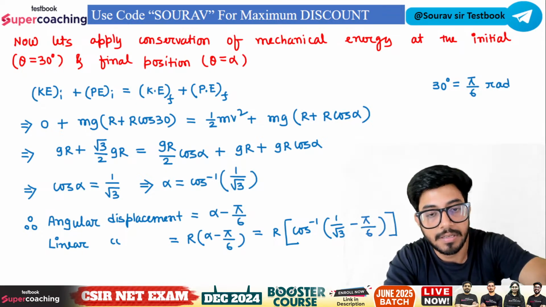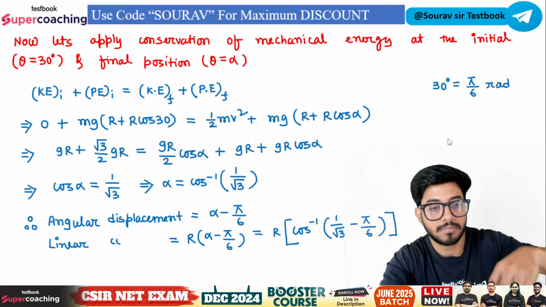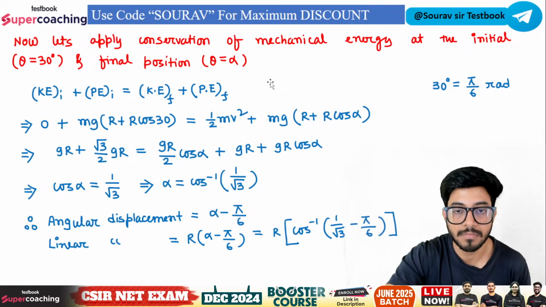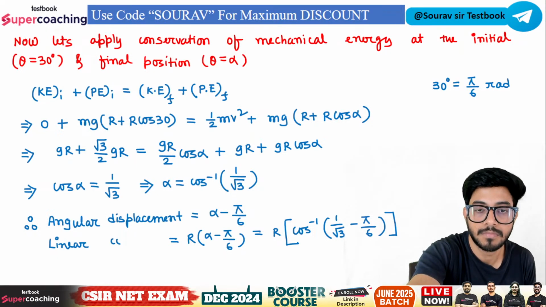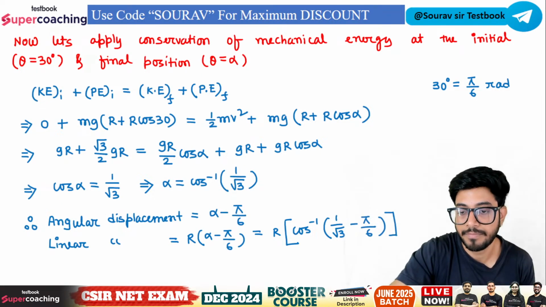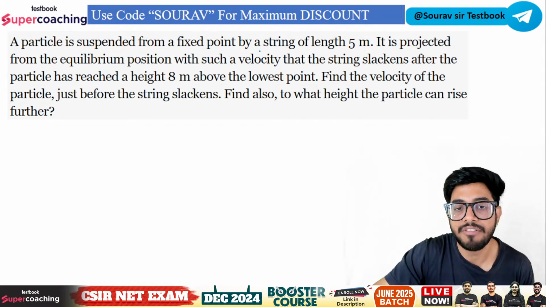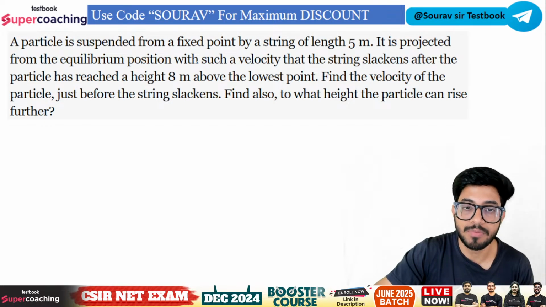After this, we can look at this question. It says a particle is suspended from a fixed point by a string of length 5 meter. It is projected from the equilibrium position with such a velocity that the string slacks after the particle has reached a height of 8 meter above the lowest point.